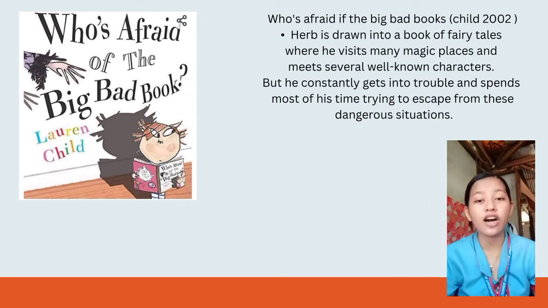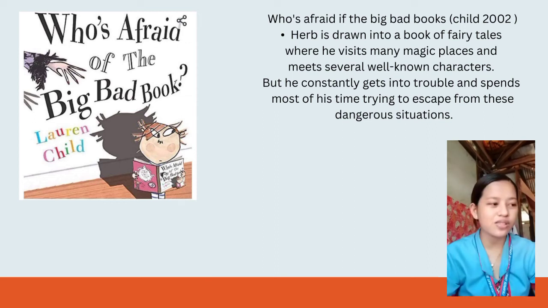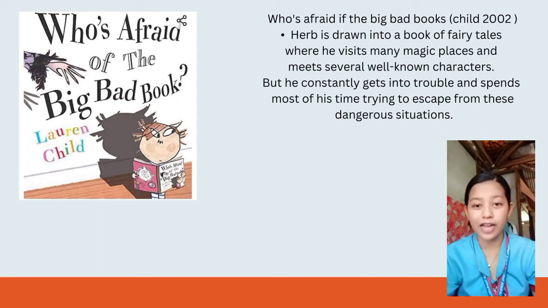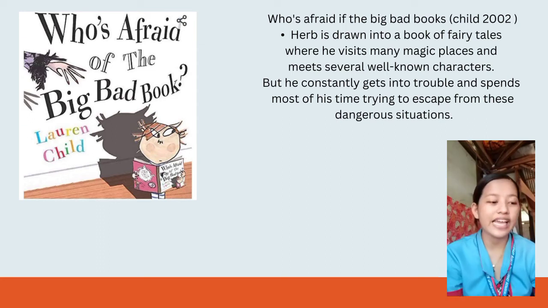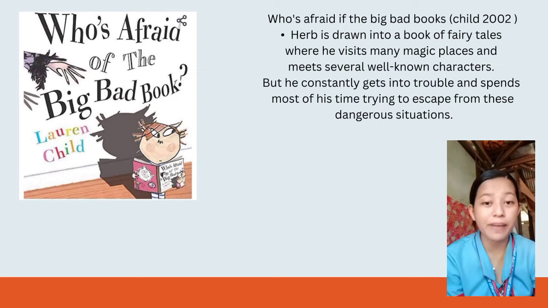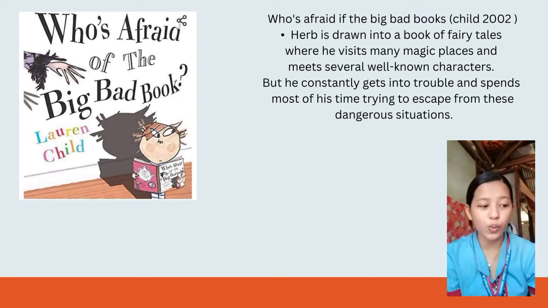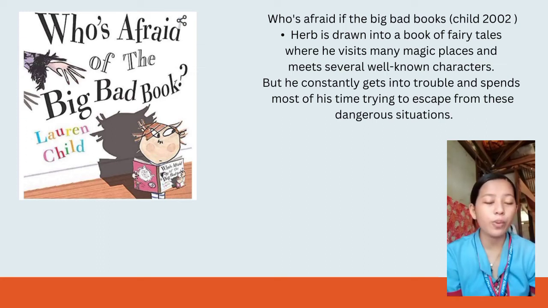Another example of self-referential text would be a story entitled Who's Afraid of the Big Bad Book, by Child, 2002. In it, Herb is drawn into a book of fairy tales where he visits many magic places and meets several well-known characters.